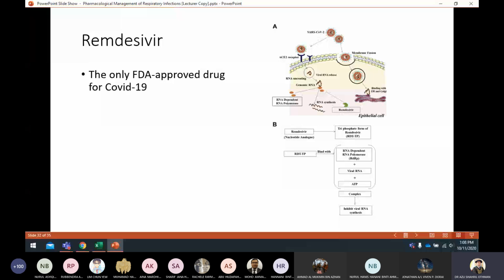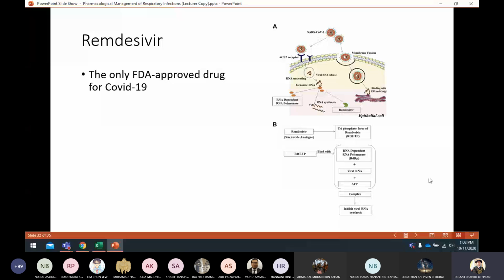Okay, and similarly, remdesivir is the only FDA approved drug for the treatment of COVID-19 as of now. Although having said that, the clinical trials are not very encouraging. Even though it's already approved, the clinical trials are showing that the effect is, if I can say so, so-so. So not exactly helping, but it's the only FDA approved drug for COVID-19.